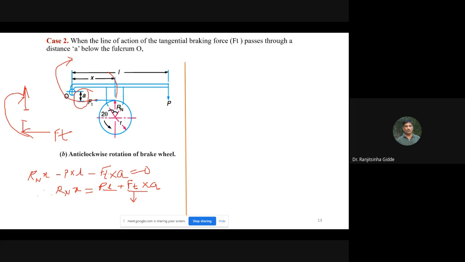That we are going to write. So Rn into x is equal to PL plus mu Rn into A. Now similar to the previous case, we are going to take Rn common out.